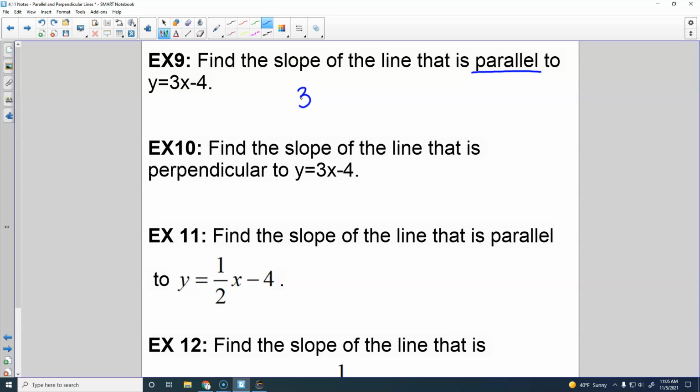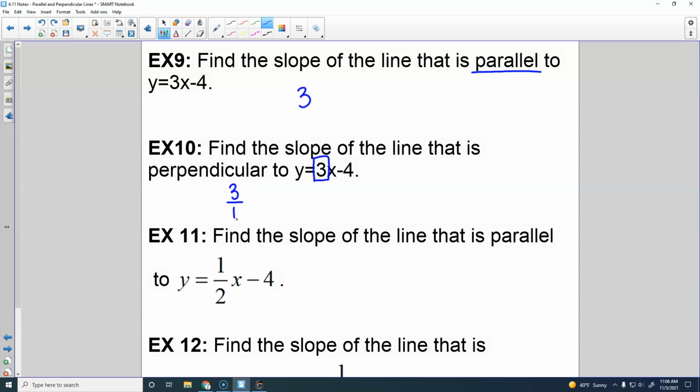Okay? Vince, this asks me for the slope of the line that is perpendicular to y equals 3x minus 4. So it's the same line. What would the slope of the line perpendicular to that be? 3 is the slope of this line, right? So we got to take 3. It is not a fraction right now, so how do I make it a fraction? Good.